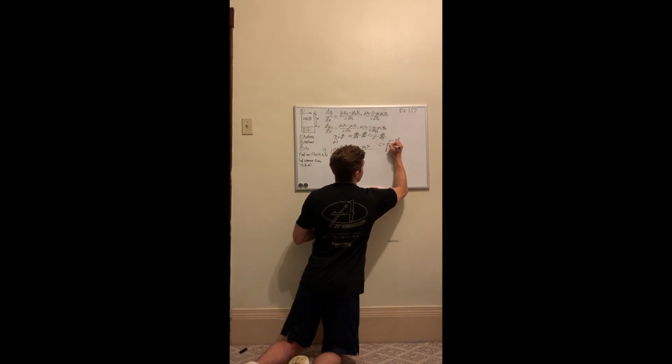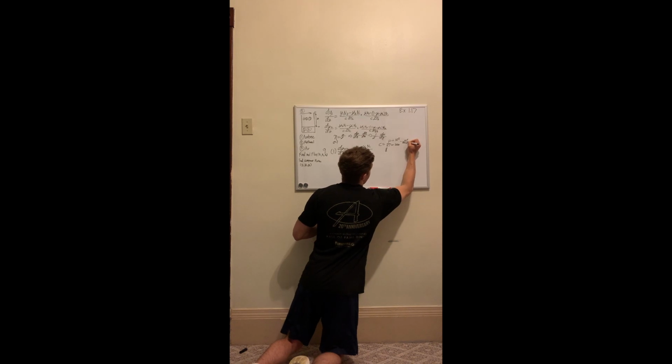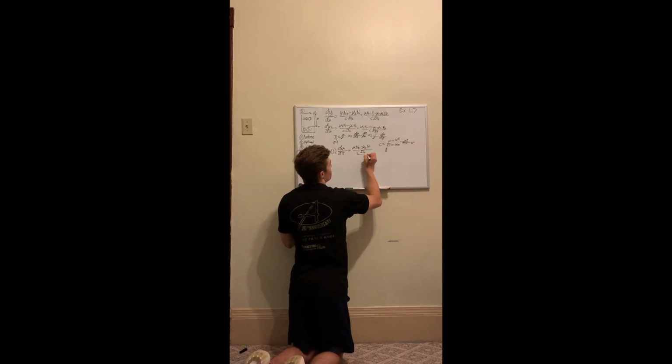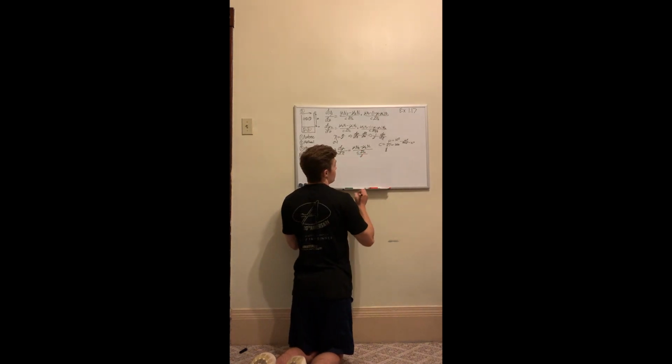And our temperature, which was given to us, is about 300. So we have 10 to the 5th over 300 times 8, about 8, and this is going to be about 10 to the 3rd. And then also, I couldn't forget, we have our delta under there as well.